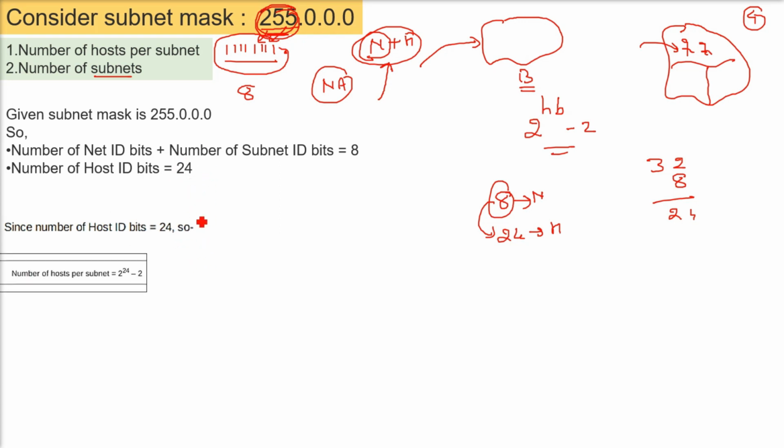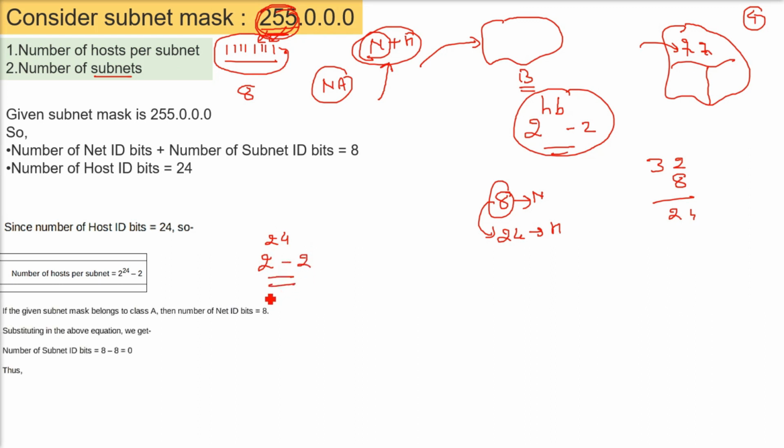So 24 host bits are there, and with the formula 2 to the power host bits minus 2, the number of hosts per subnet will be 2 to the power 24 minus 2. First and last address we cannot assign to any system. Now, imagine this is a class A subnet mask, then what will happen?